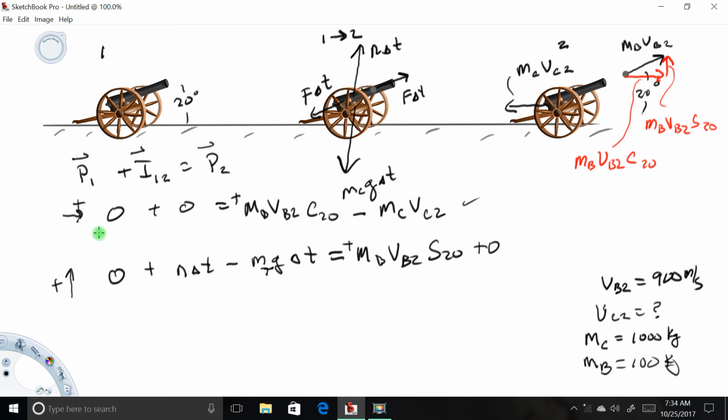All right, let's get back to this horizontal equation. For the velocity of the cannon, picture 2, if I go through and do the algebra, we'd have the mass of the ball, vb2 cosine 20 degrees, over the mass of the cannon.